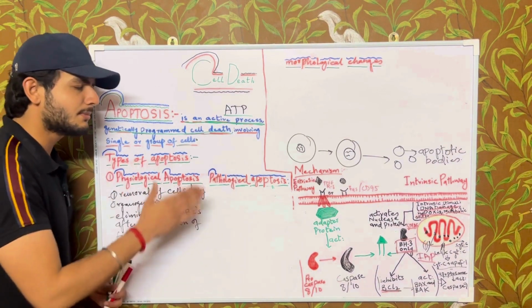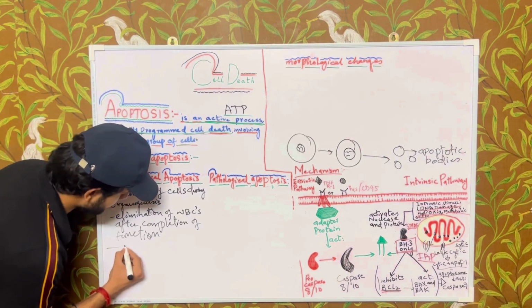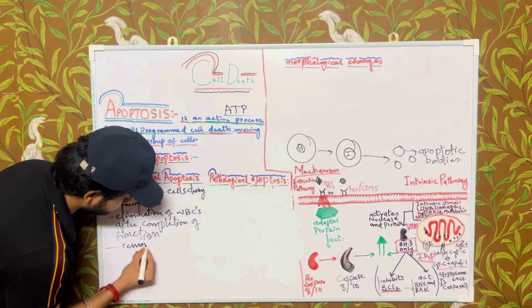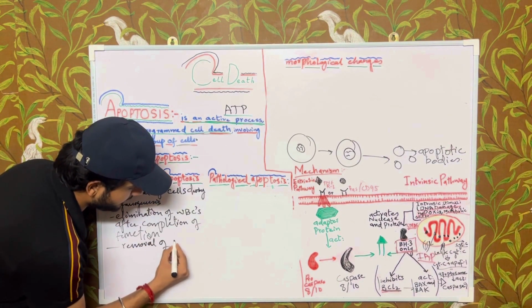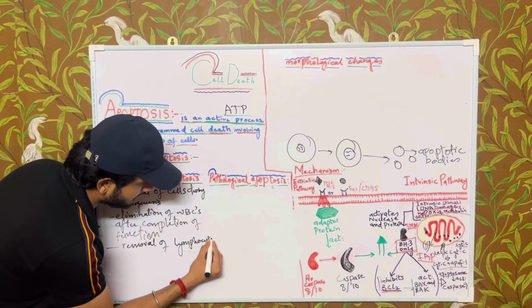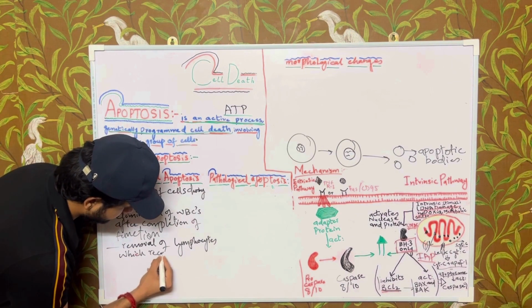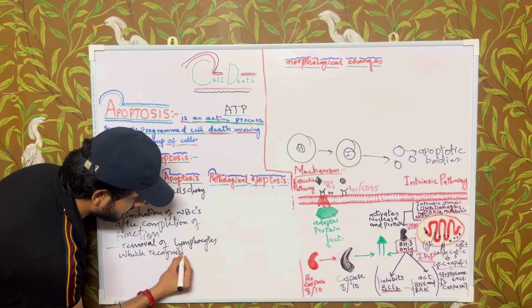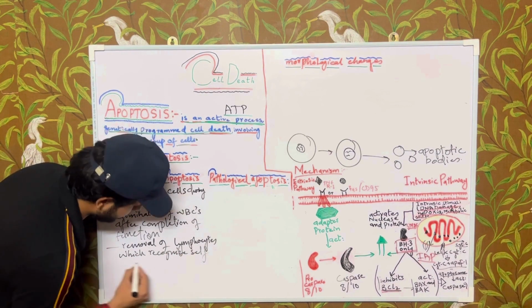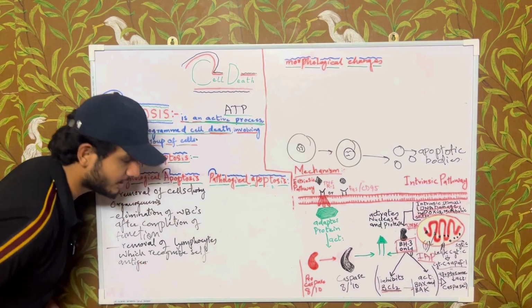So this example must be clear to you. This was the third and the last example of physiological apoptosis.